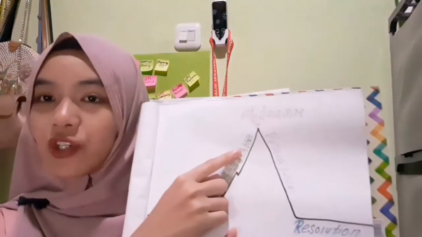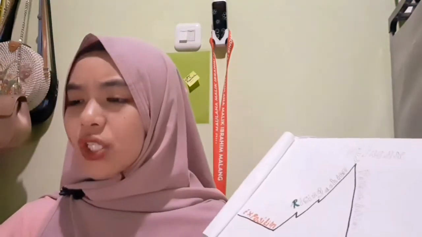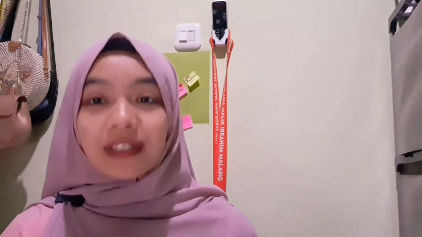Well, next is the rising action. Rising action starts with events that occur as a result of the central conflict. So it happens when Dick wants to go home, to go back to his village, the place where he was born.